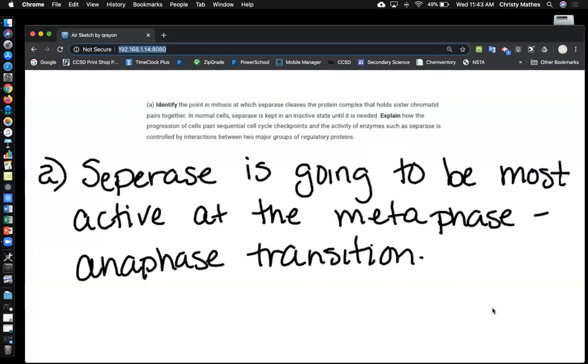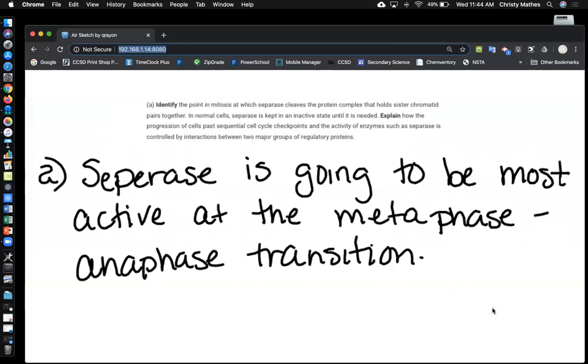Okay. So going back, that's simply remembering my phases of the cell cycle and determining when those chromatids need to get broken apart. That's going to happen right before anaphase or at the very beginning of anaphase. So at that transition between metaphase and anaphase, separase is going to be the busiest pulling those sister chromatids apart.